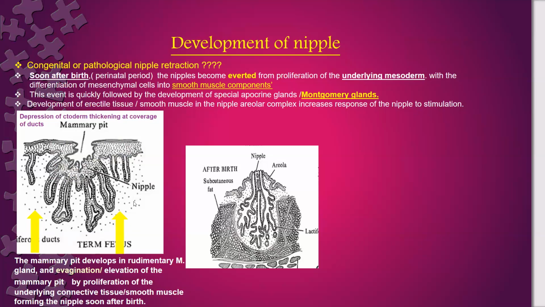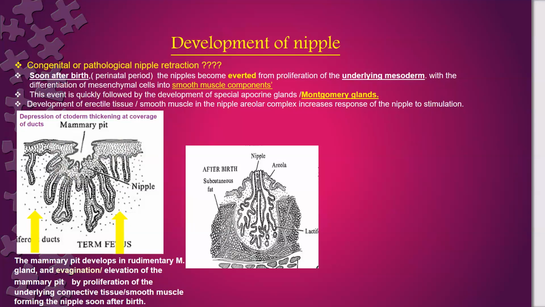When these smooth muscles, fat, and connective tissue proliferate, it leads to pushing the nipple outward to become everted. This mesenchyme surrounding the ducts, representing the stroma, develops, pushing the nipple to become everted. This occurs by the end of neonatal life; it can occur immediately after birth, but usually by the end of pregnancy it gets everted.